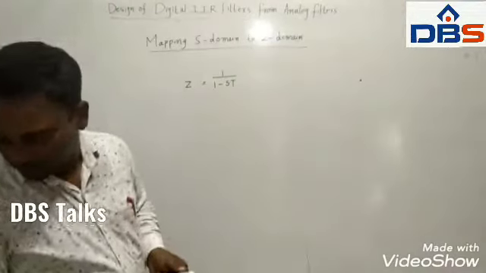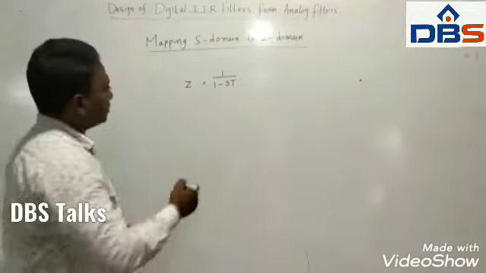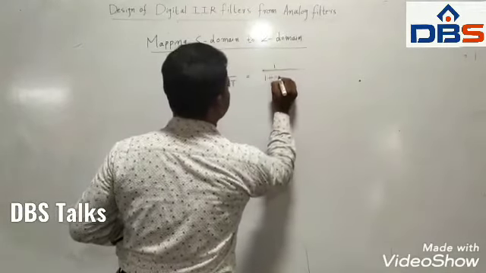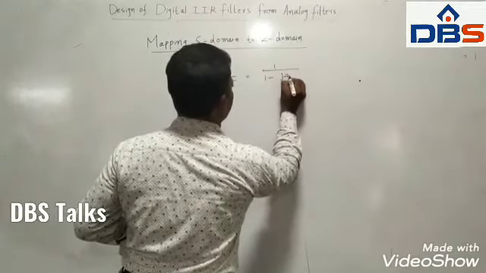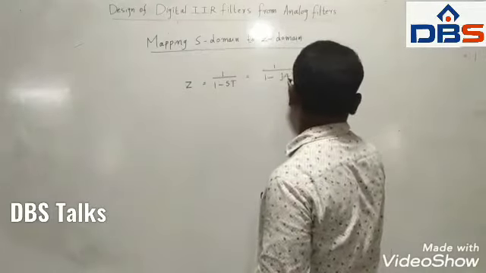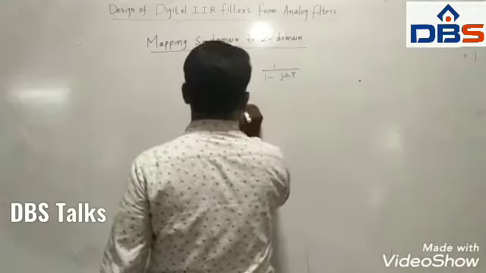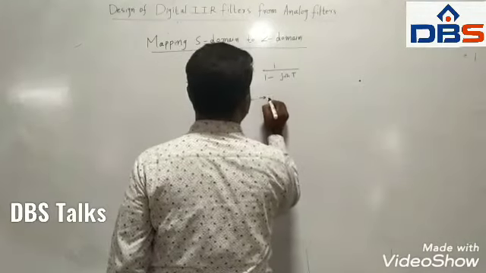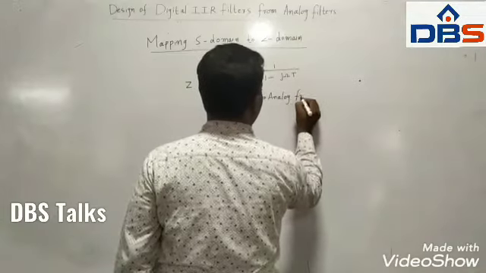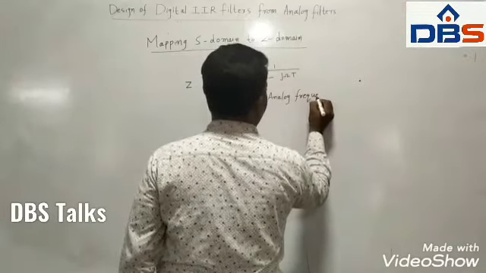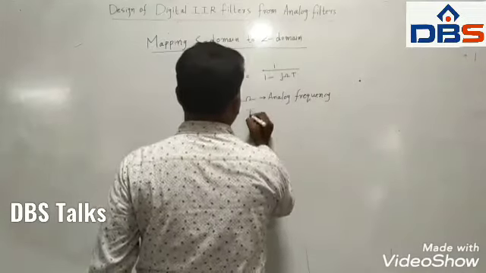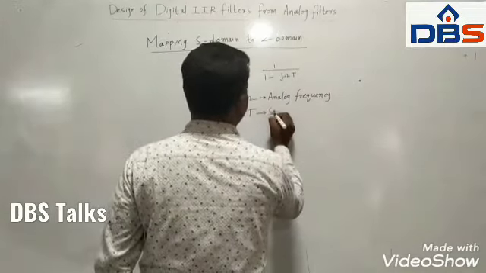To get that, we use 1 by 1 minus j omega T. Remember here that omega is the analog frequency, and T is the sampling interval.